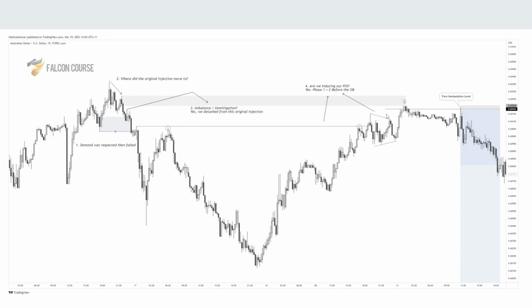So a little bit of thinking for how that is actually happening. But this piece of supply got added to that inducement chain. We induced sellers and buyers, took them out, and then from this point we entered manipulation time and then dropped from that level.